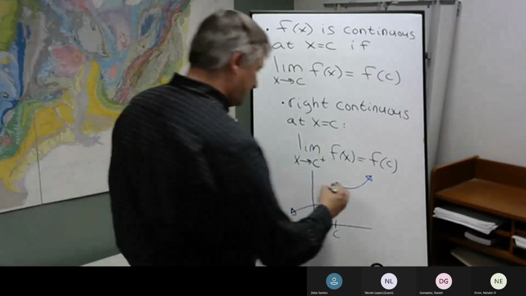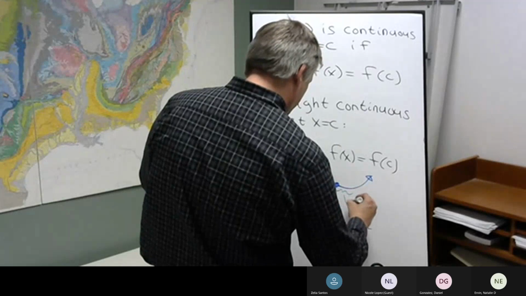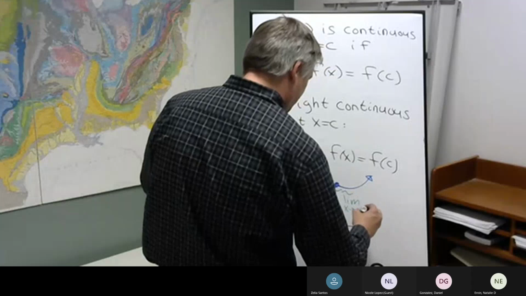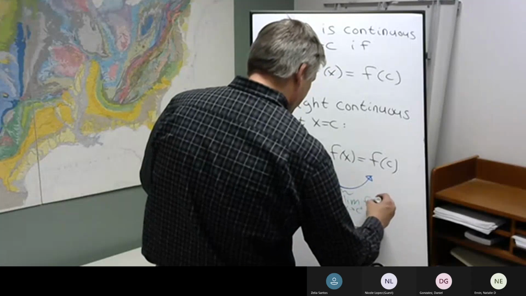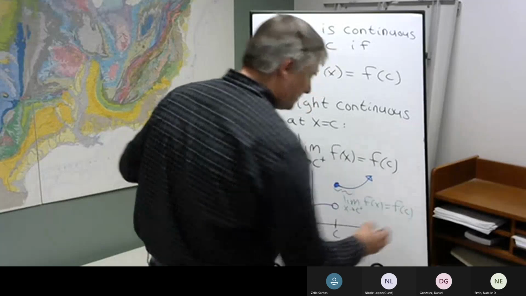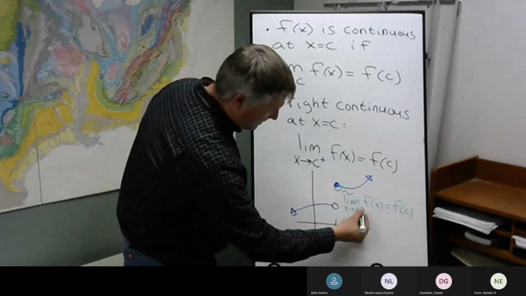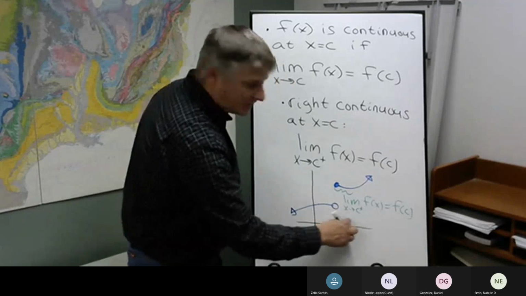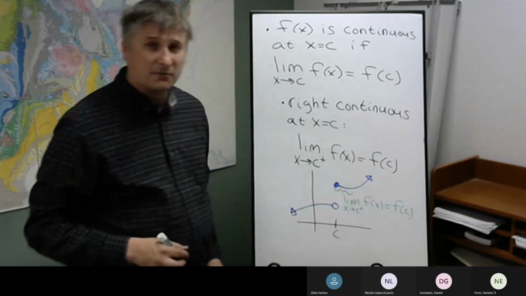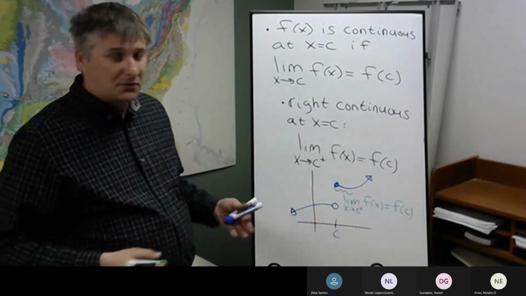So here, the limit as x approaches c plus of f of x is the same as f of c. So as long as we're on this side of c, the closer we get to c, the closer we're getting to f of c. So that works in this case.